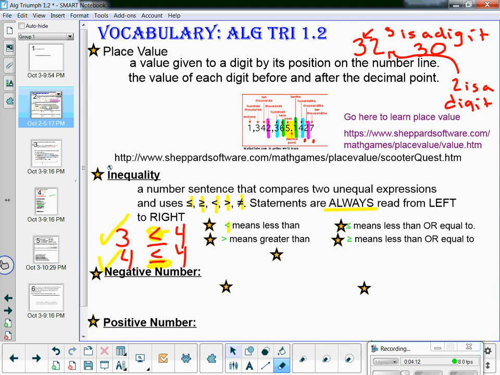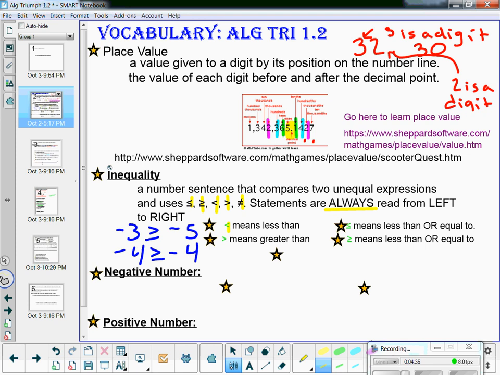This symbol means greater than or equal to. -3 is greater than or equal to -5. -4 is greater than or equal to -4. Is this true?